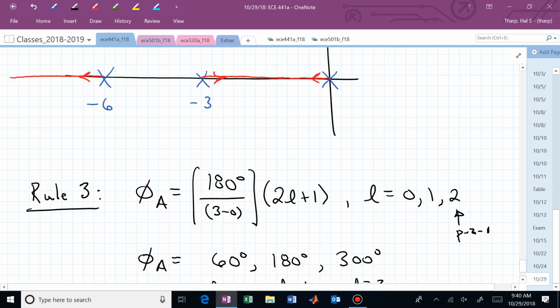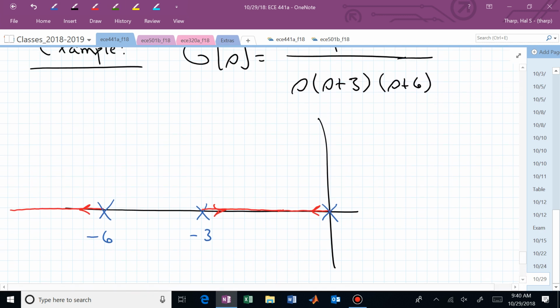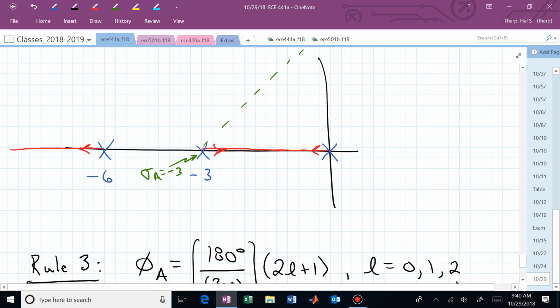But now we can draw these asymptote lines. The sigma sub a is right here, and we have our fundamental angle at 60 degrees. Here now you can go back and obtain your drawing tools from wherever you started doing drawing. Now you need your protractor and measure a 60 degree, minus 60 degree.